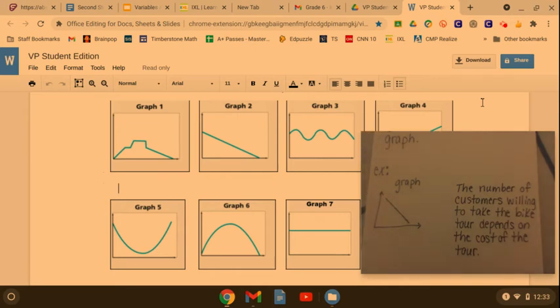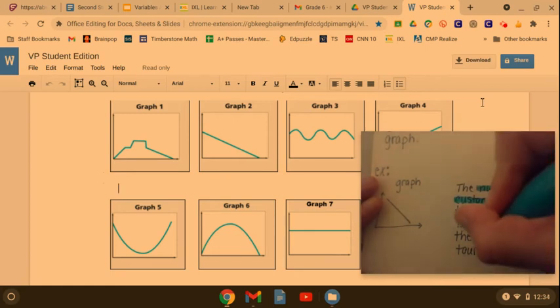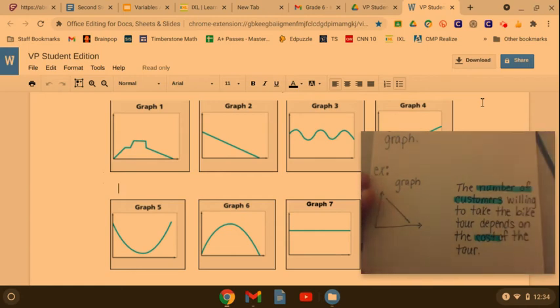So I'm going to take my highlighter and I'm going to highlight the keywords that I think tell me dependent and independent variables. I'm talking about two things here: the number of customers and I'm also talking about the cost. Now, something that tells me if it's dependent or independent is right where it says depends on. That gives it away here.